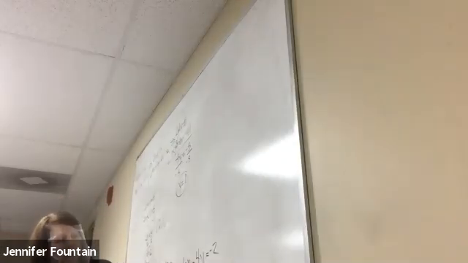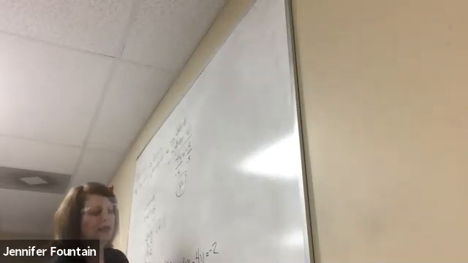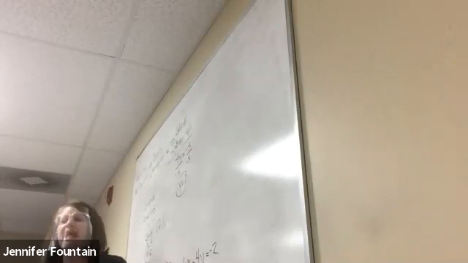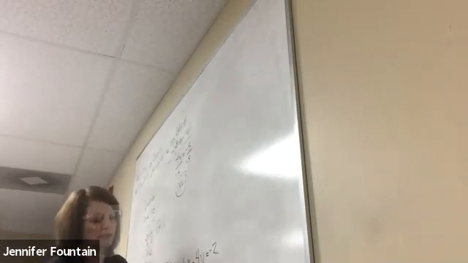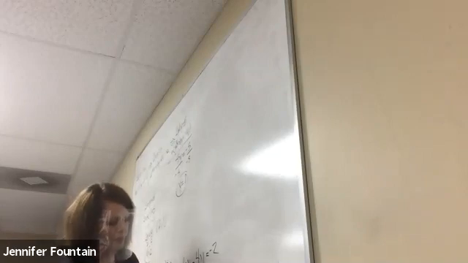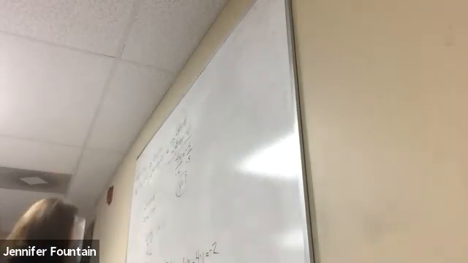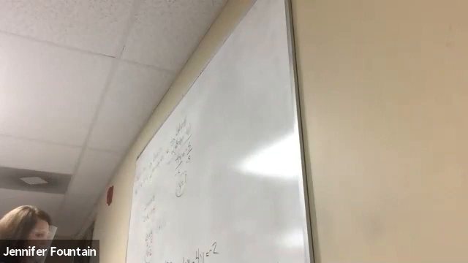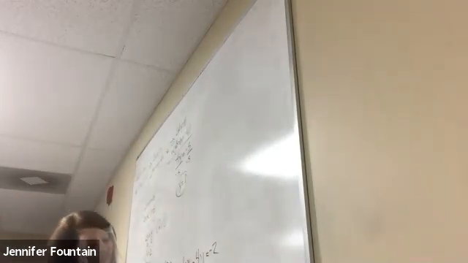And then -2 plus positive 12 is 10. Not negative, it's going to be a positive. Take the sign of the larger and find the difference. So 5y equals 10. So what does y equal? 2. Y equals 2. So my ordered pair solution for this one, I do not have yet because I just solved for one. So I said y is equal to 2.